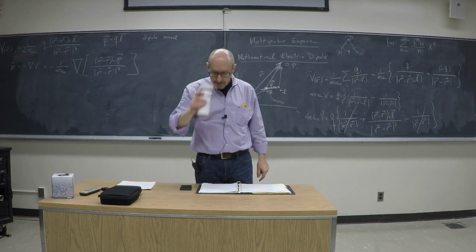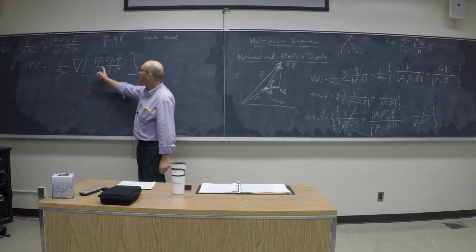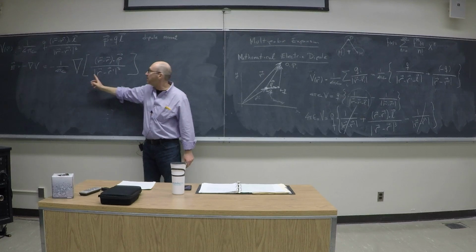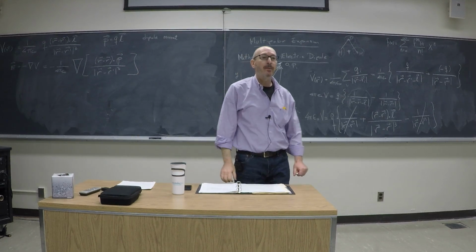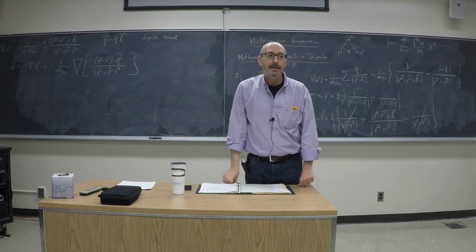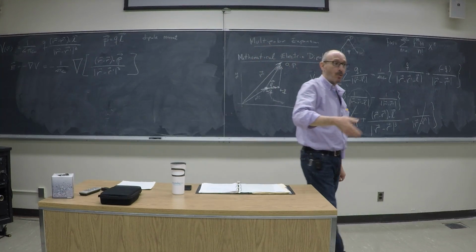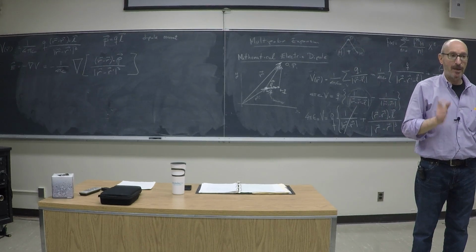I just want to make sure that we don't make a mistake, because I have an r and an r prime. Which variable should be affected by the gradient that I just wrote? Do I take derivatives with respect to r or with respect to r prime? With respect to r, right?